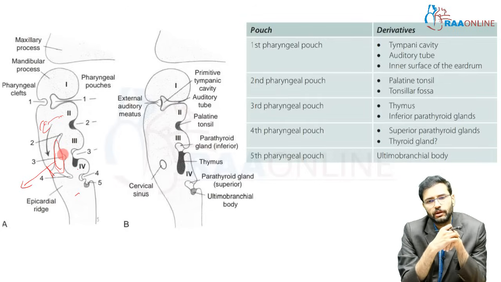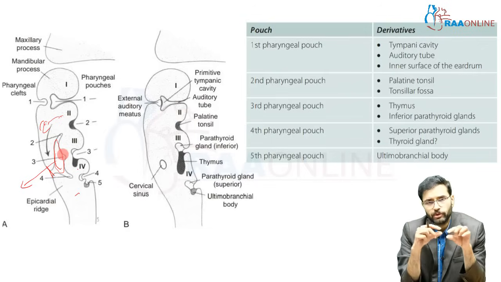So to summarize, the ventral wing of the first pharyngeal pouch completely gets obliterated by the developing tongue. The dorsal wing of the first pharyngeal pouch gives rise to the tubotympanic recess.